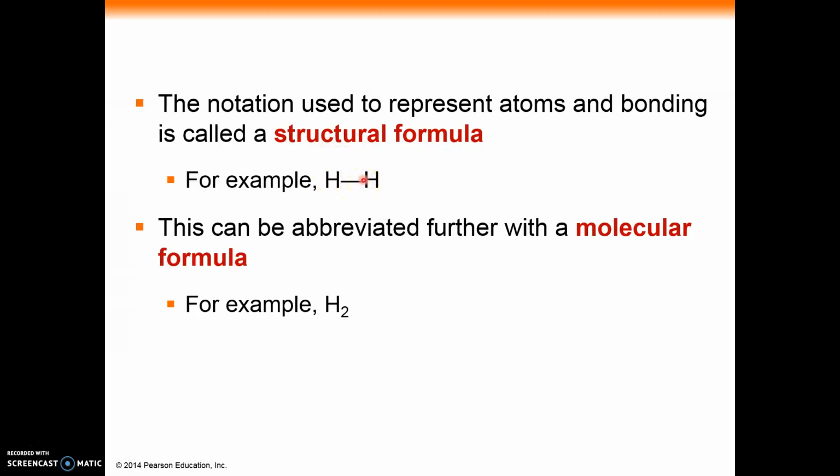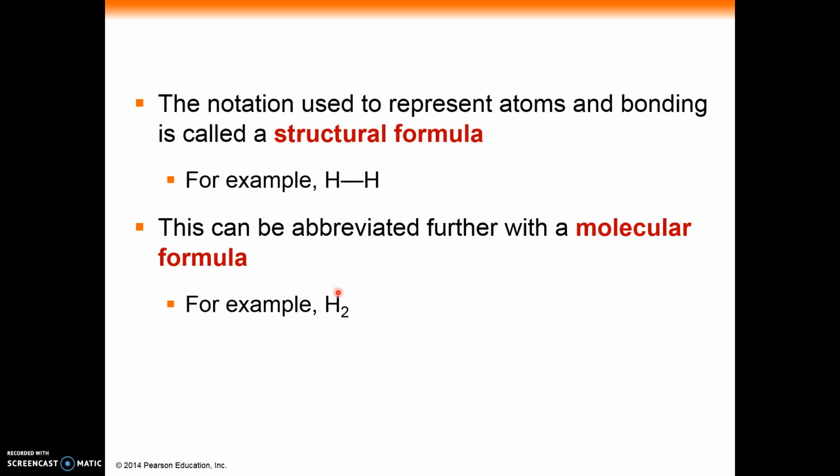A more compact way of describing it is with what we call the molecular formula. Here, we just simply call this molecule H2, and we recognize that that is a single unit. And again, molecules largely act as a single unit. Okay?